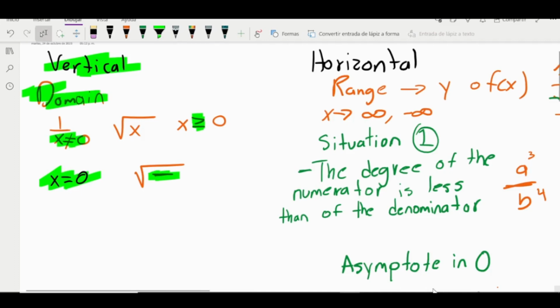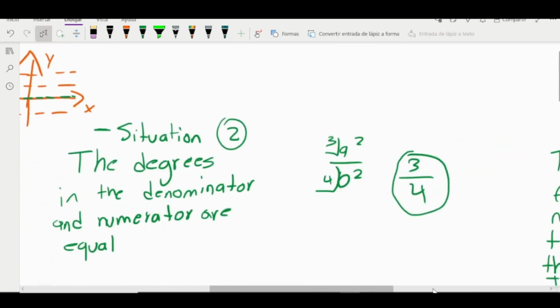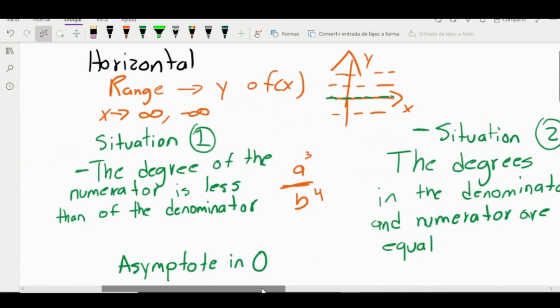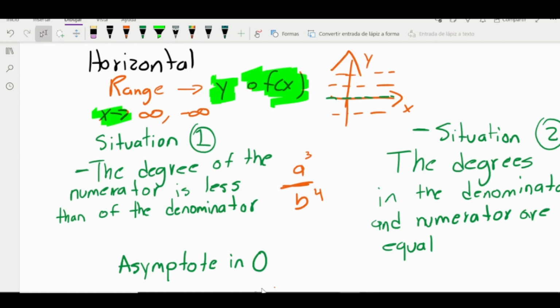Now, what about the horizontal asymptotes? Here we need to talk about the range, the values that we can take on the y-axis, or the function of x. We also need to consider that x has a tendency toward positive infinity or negative infinity.